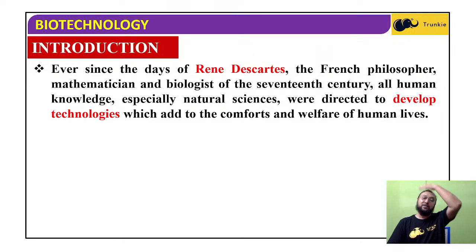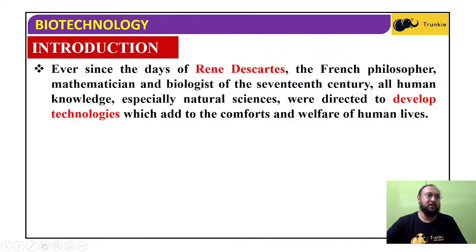In the 17th century the scientists, the biologists, and all the good educationists were busy with discovery and research, and they were all directed to develop technologies and the advancement of technologies, which add to the comfort and welfare of human lives.